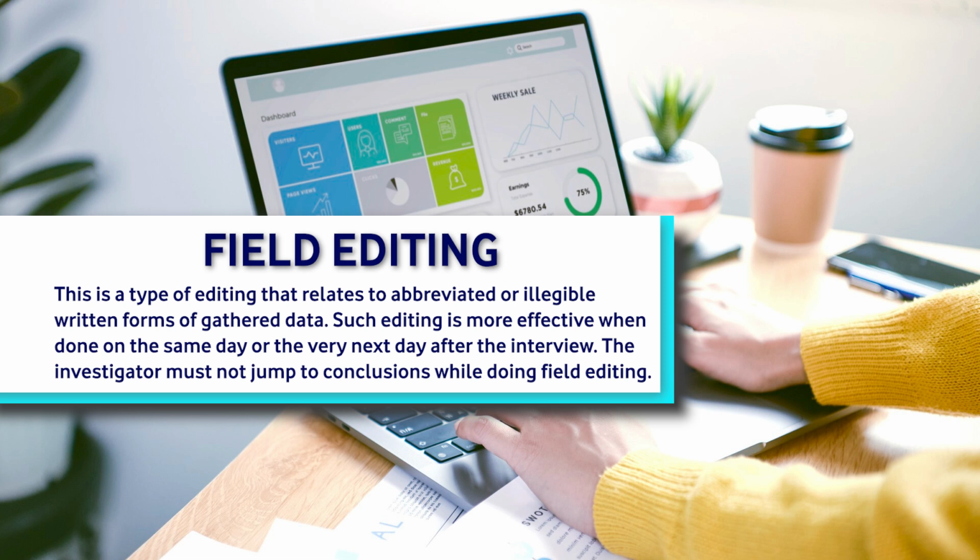Illegible written forms are going to mislead the respondent to respond in a wrong way. Such editing is more effective when done on the same day or the very next day after the interview. The investigator must not jump to conclusions while doing the field editing. This is how we can understand what exactly field editing is.